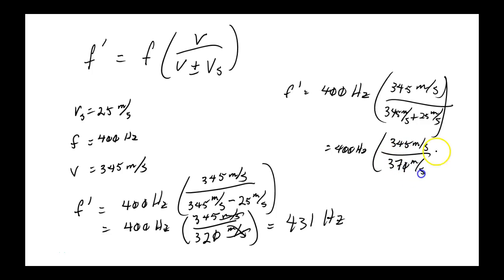Meters per second. I'm adding in my head, so I hope I did it right. And what do you get the going away frequency to be? Very good, 373 hertz.